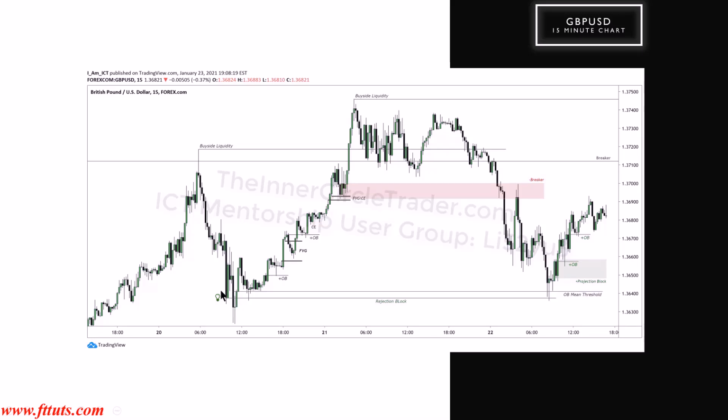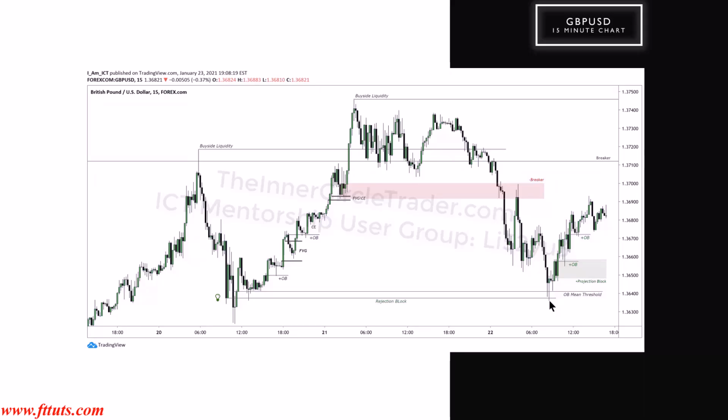Now, I want you to go back and look at your charts and look for instances where we have these lower low piercings and then a higher high piercing, and then look at the first rejection block and see where you can see what I'm showing you here. You're going to be startled by it. You're like, wow, it's there. That's something you don't learn anywhere else.